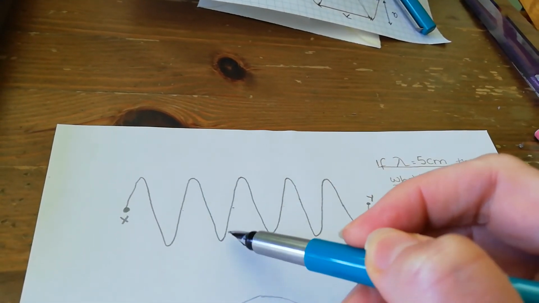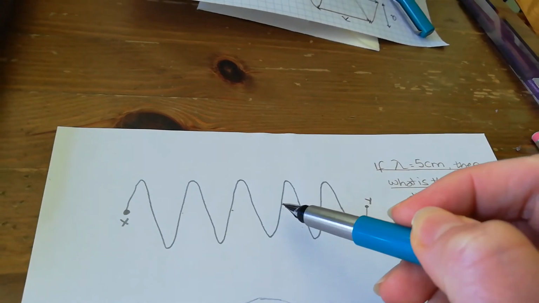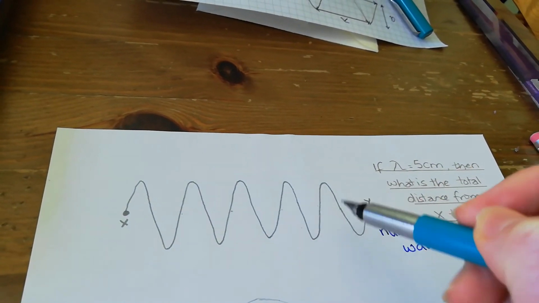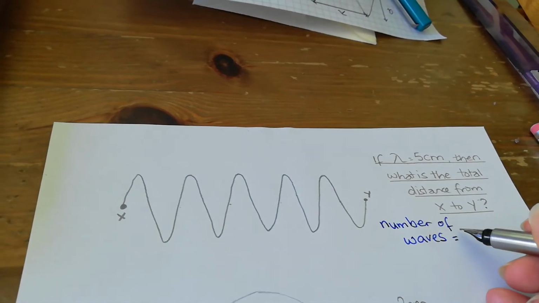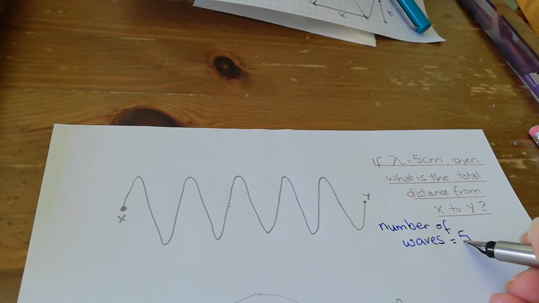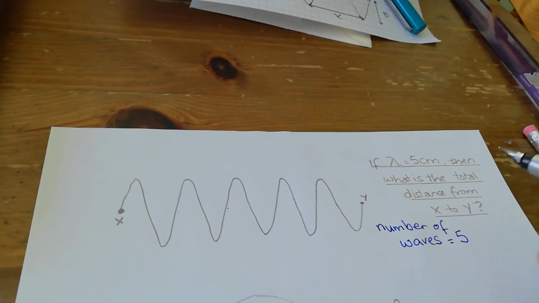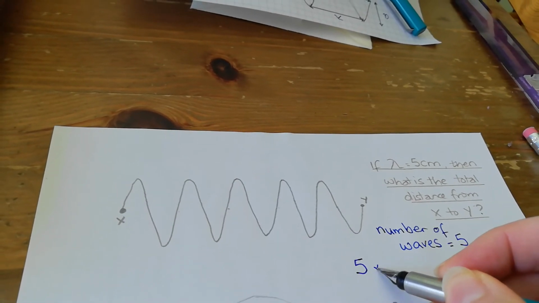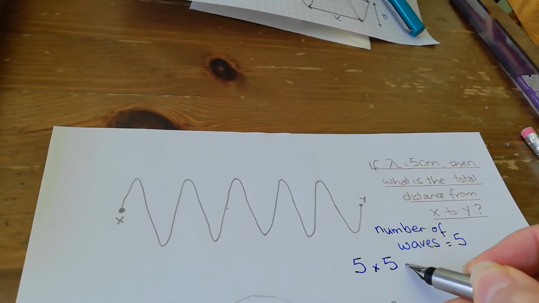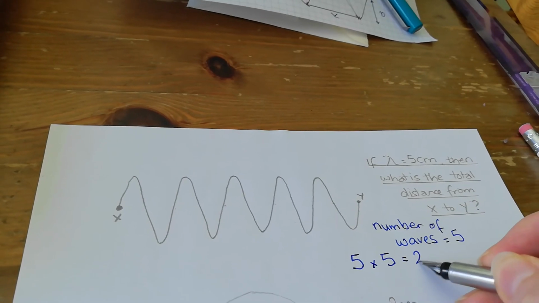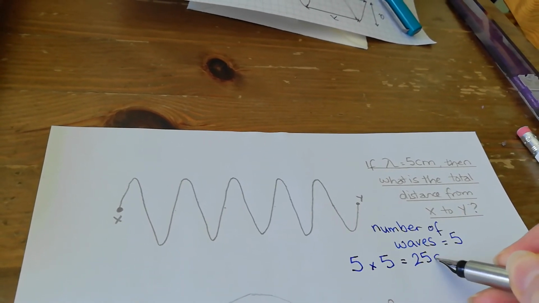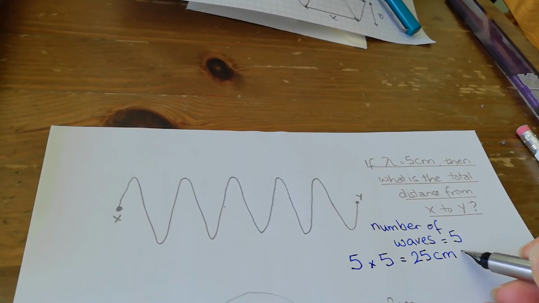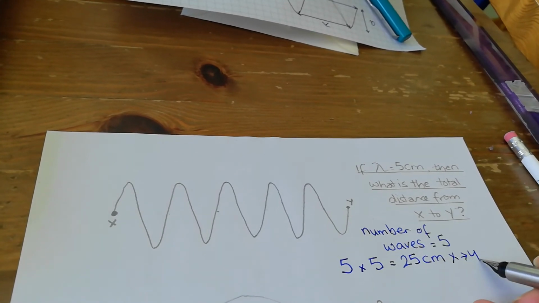One, 2, 3, 4, 5. We have 5 waves. Each wave has a wavelength of 5 centimeters. So we have 5 waves, and each wave has 5 centimeters, which means we have a total of 25 centimeters between X and Y.